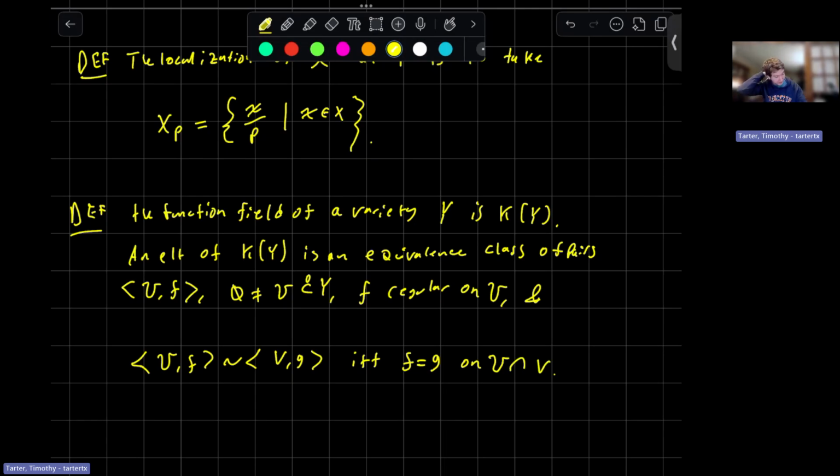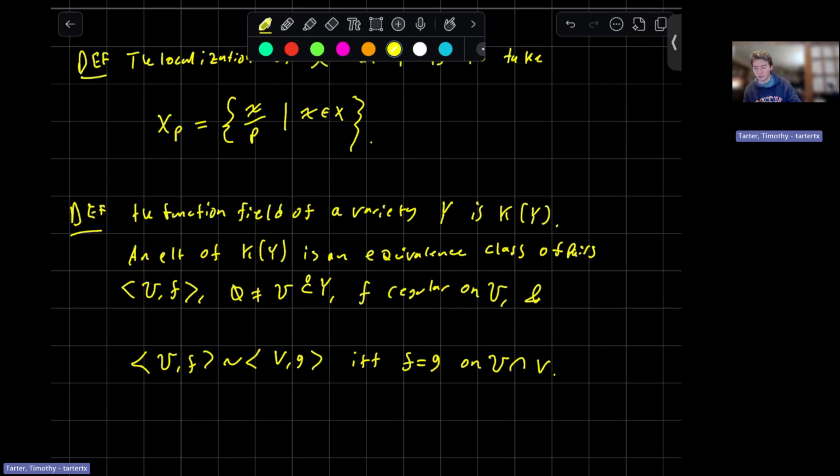And so you might be thinking, what makes this different than the local ring at P? This is exactly how we set up the local ring at P. Well, this isn't the localization at P. The local ring at P is the ring of germs of regular functions near P, which has this equivalence relation.